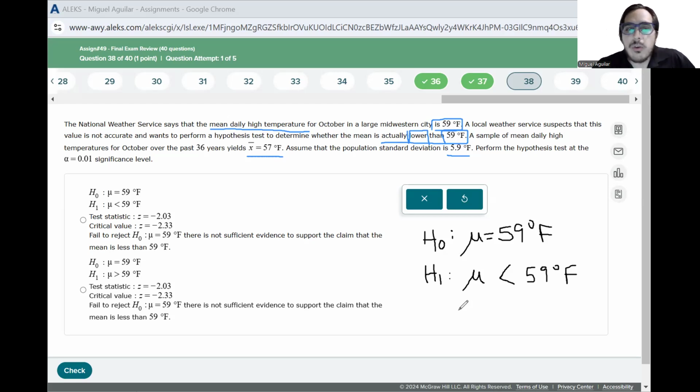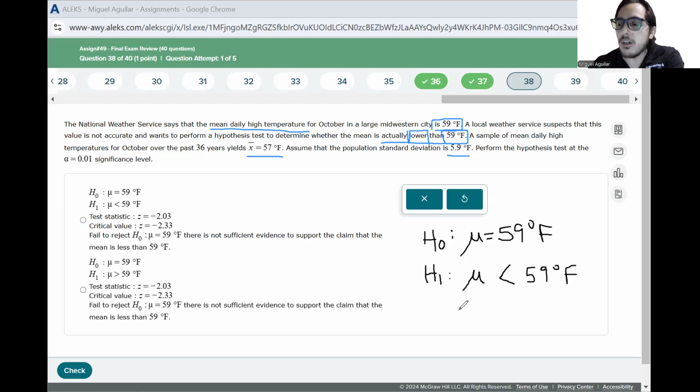And we want to perform a left-tailed test to see if we get a statistically lower mean daily high temperature.